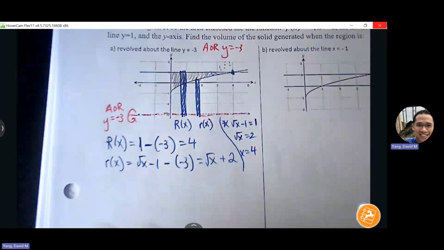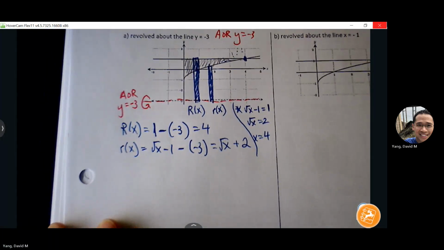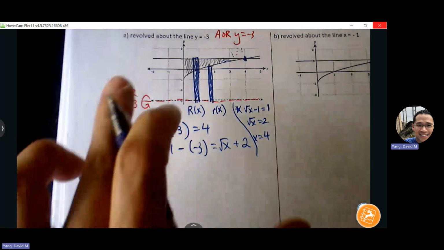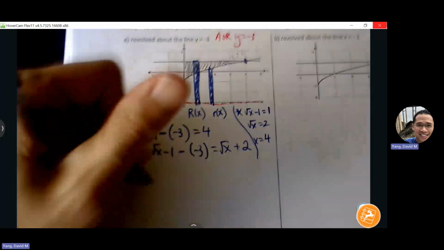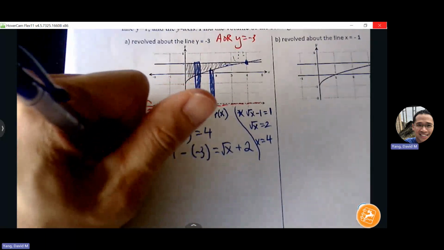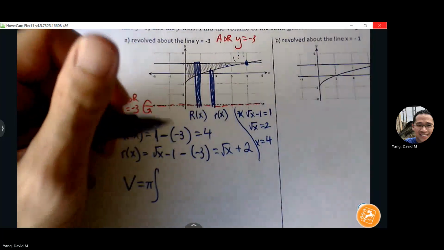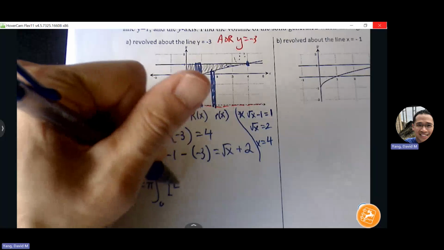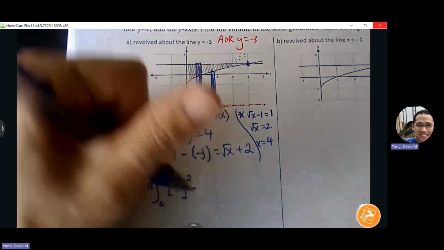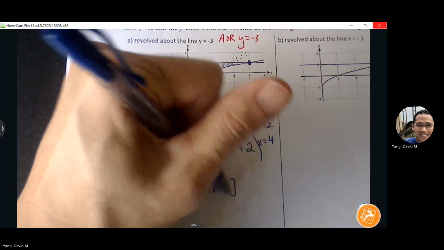Square both sides, I get 4. Our left bound is 0, our right bound is 4. We have our big R, we have our little r ready to put into our volume formula. Big radius squared minus little radius squared.